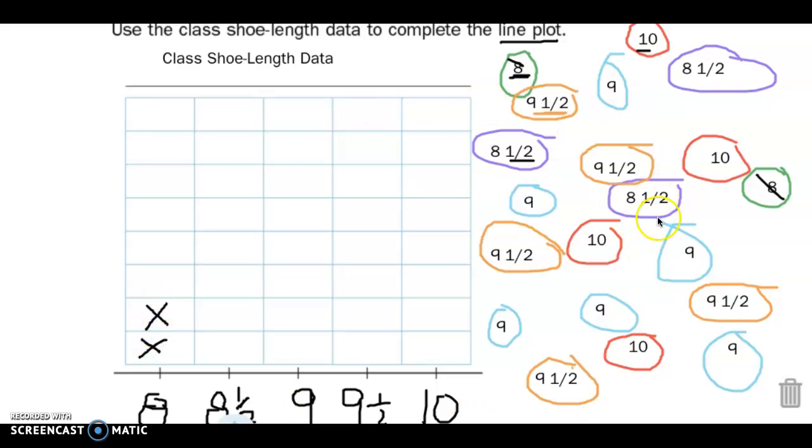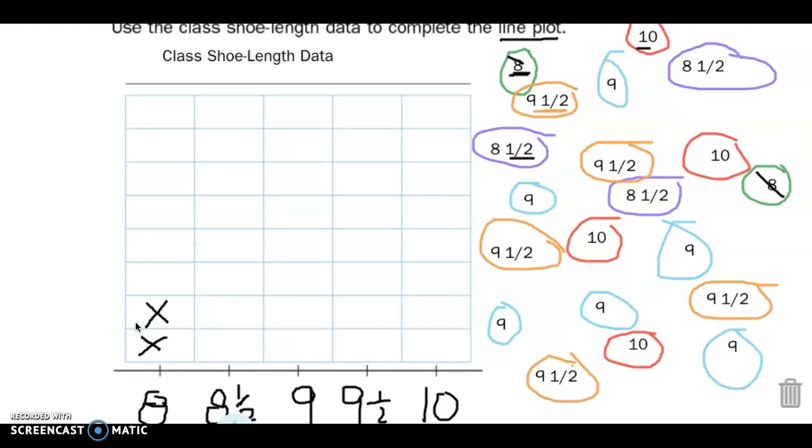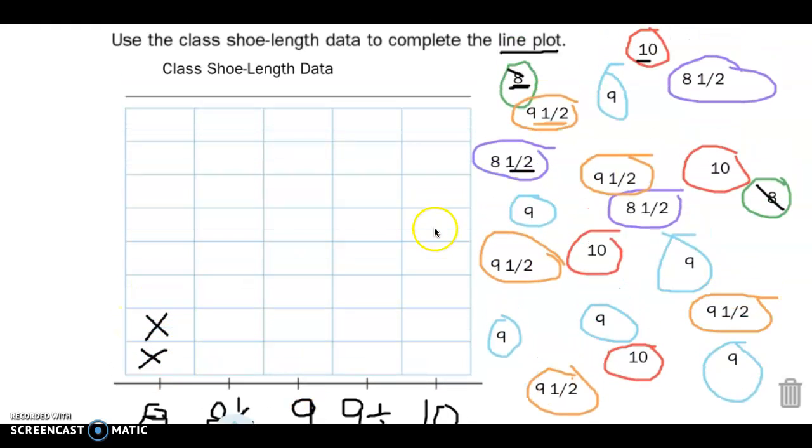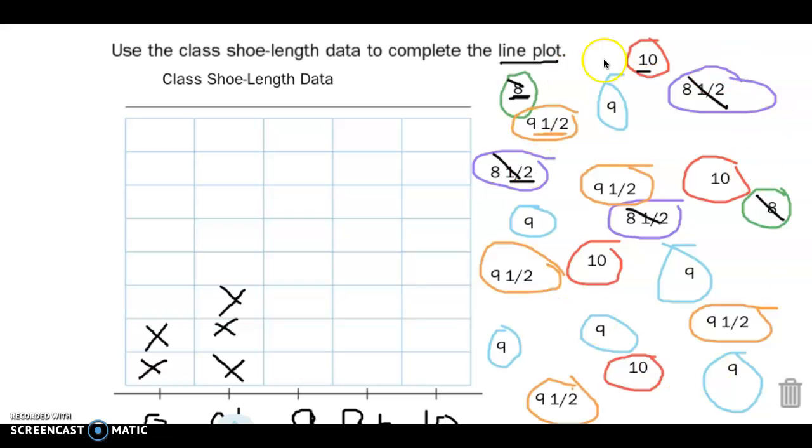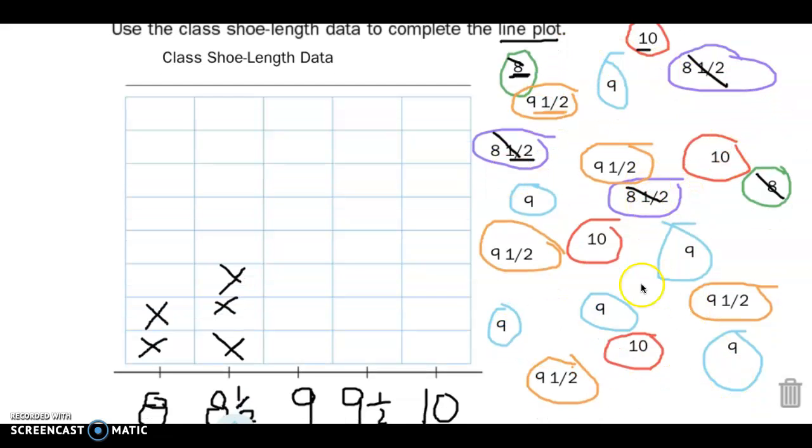And I have no more 8s, so I am all done with this 8. Now 8.5. I have 1, 2, 3. Guess how many Xs you're going to put here? That's right. 1, 2, and 3. If I'm writing this down right now, so should you, because you are using the same data that I am using. This will be all of our classrooms.